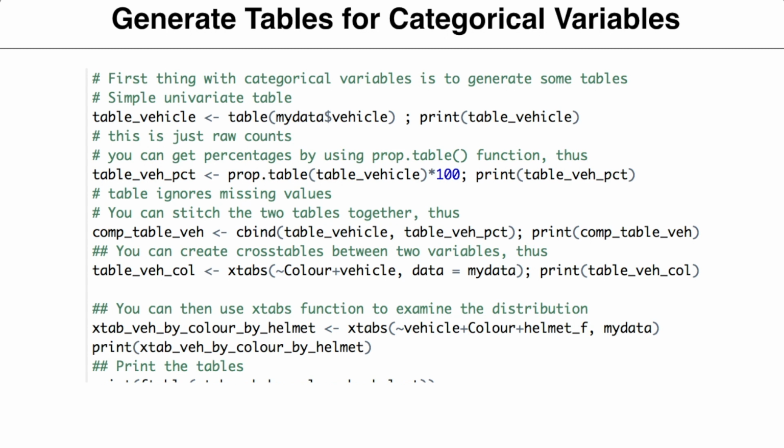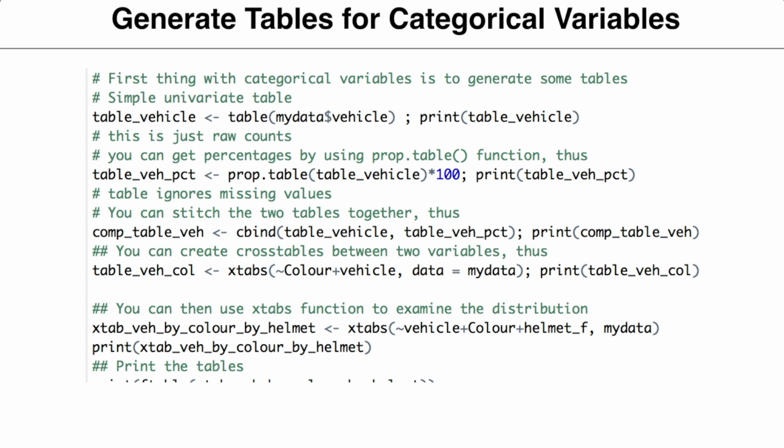In order to generate the proportions of each of these levels or categories of the categorical variable, you use another function called prop.table. So prop stands for proportions of that table. And instead of passing the variable into there, you pass the argument of a table object.